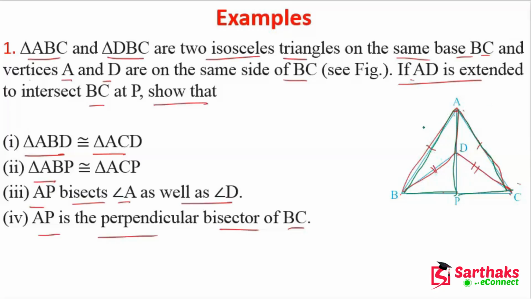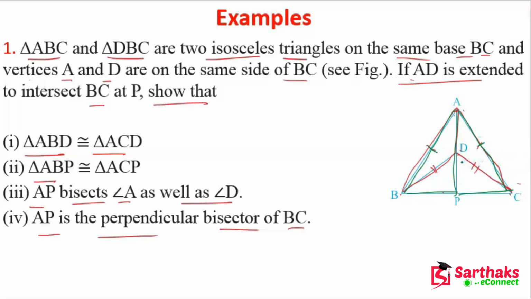In this you can see that AP is common. And AB is equal to AC, because triangle ABC is an isosceles triangle.